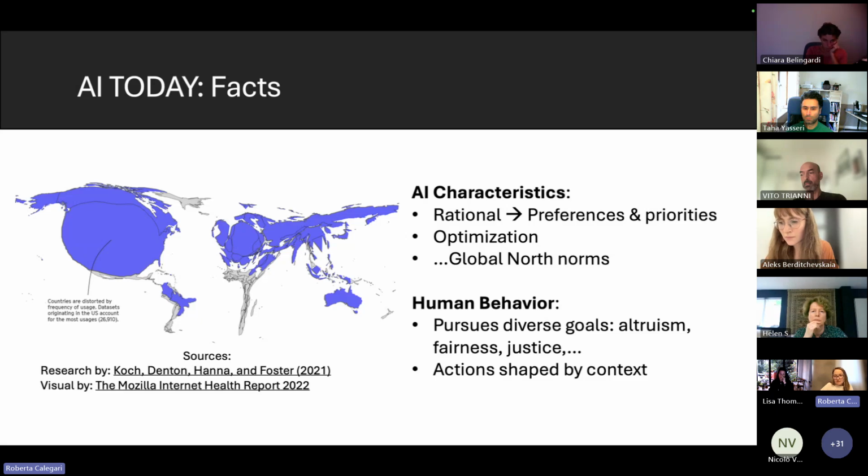Let's take a look at the data that we use for training these AI models, because the common path in all the kinds of models that we can create is that we collect a lot of data, we learn from the data, and we reiterate the decisions that we made in the past according to the data that describe the specific situation, okay? So in this picture, and here you have the source, a very nice paper that I suggest you read if you haven't heard about it, we can see where the data that we use for training the model comes from.